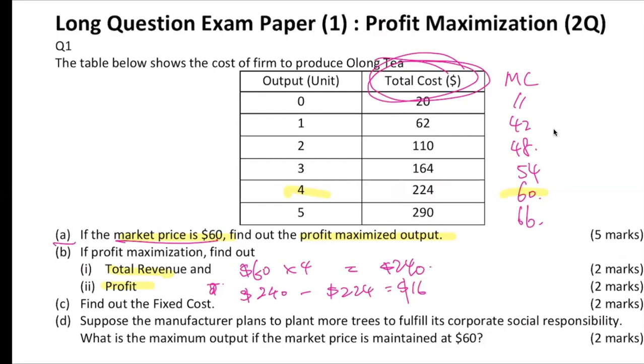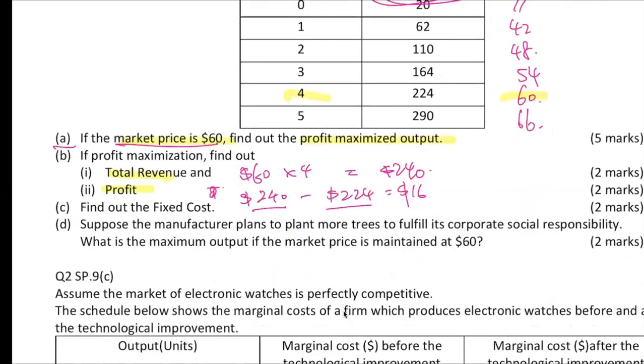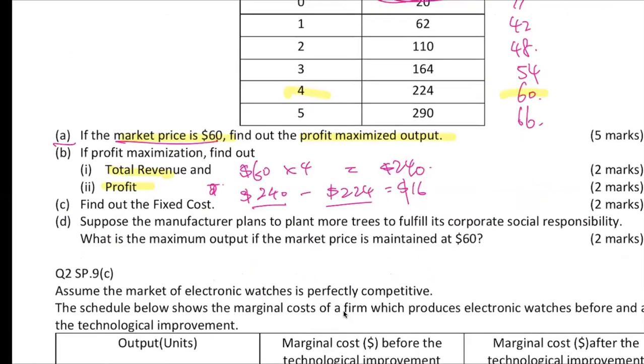Oh, sorry, my bad. I thought it's 16. It's 66 for output 5. Oh, it's not. Okay, it needs to be calculated. It's not the same thing without other terms. Okay, so and then let's see the maximum output when the price.